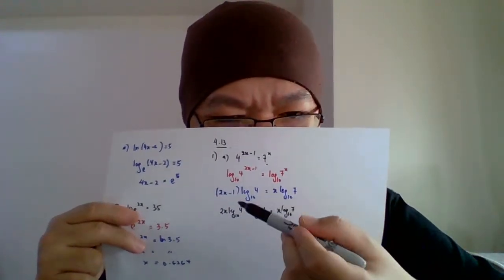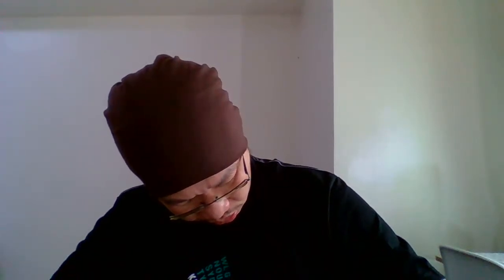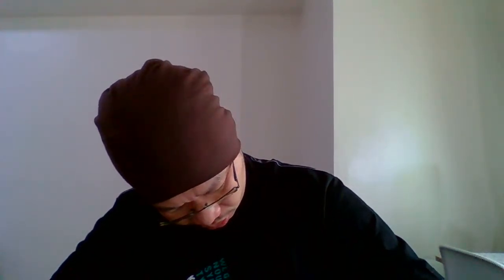I want to regroup, so this x I move to the left, and this number without x I move to the right. Then I simplify, because the x is repeated, we can factorize. Okay, this is what we are supposed to get.